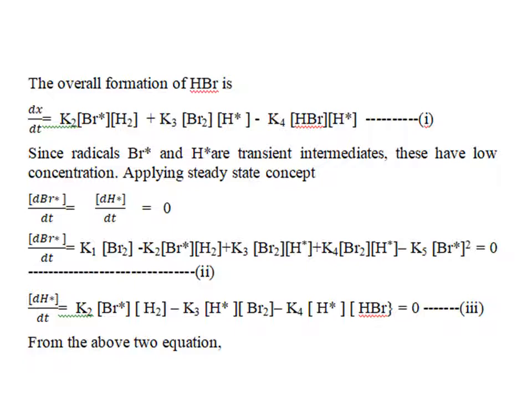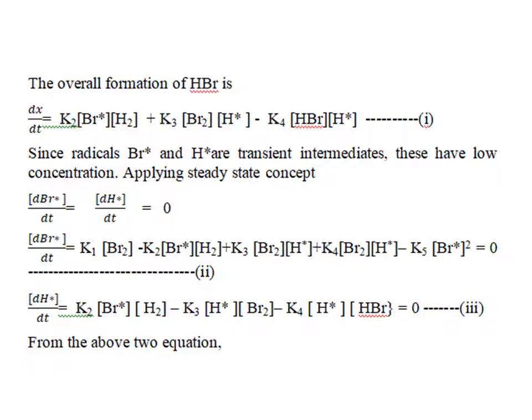In equation number 1, we have written the d[Br2]/dt concentration, its rate of change. In this equation 3, we have calculated the rate of decomposition of H*, that is d[H*]/dt.